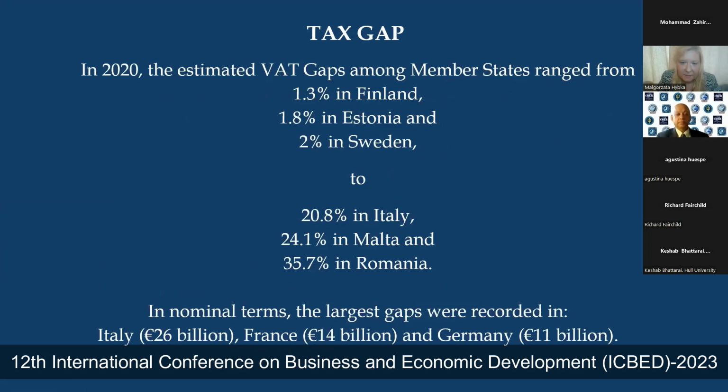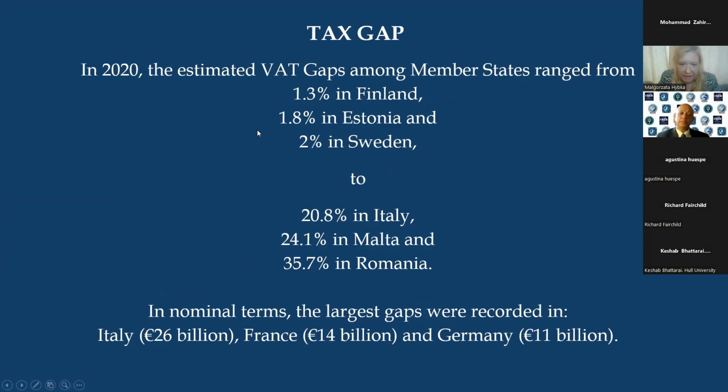Of course, when we take the amounts in relation to the revenue, then Finland, for instance, or the northern countries are not losing a lot of money, but southern countries, Italy, for instance, or countries like Romania and Malta, are losing more than 20% of their revenue.